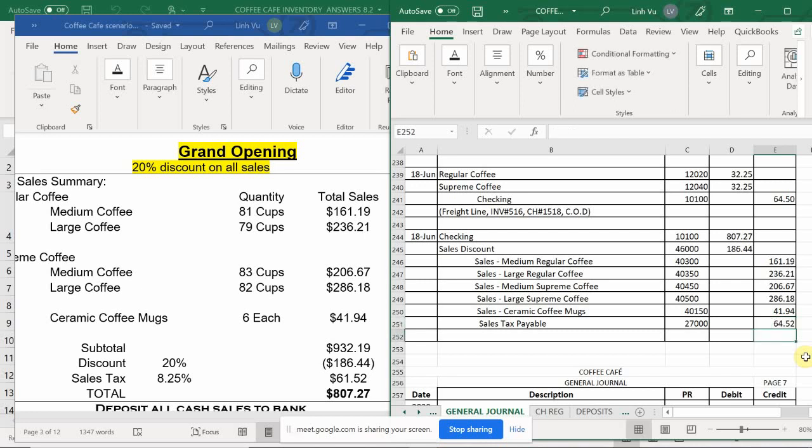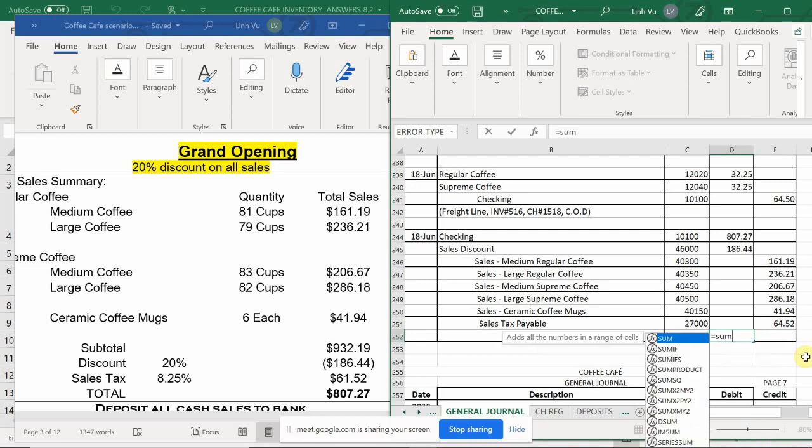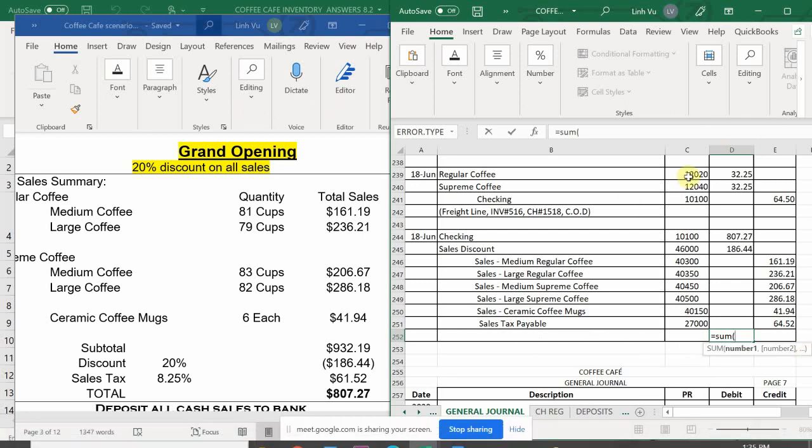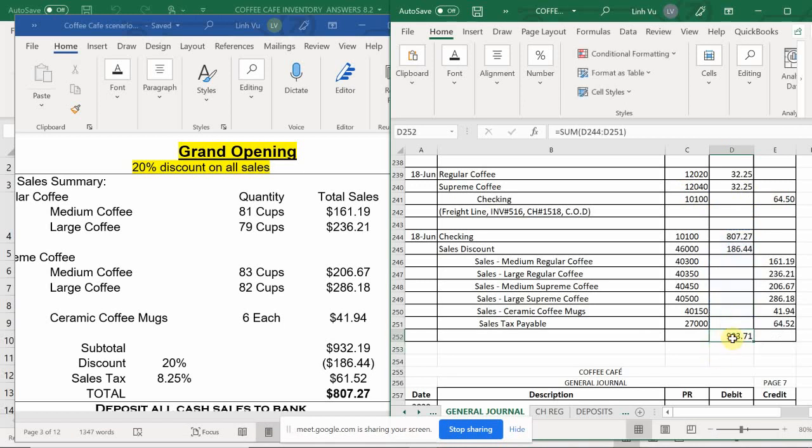61.52. So I'm going to go ahead and double confirm so that I don't have any typos in here. Equals sum. So I have a total of $993.71. I'm missing $3, so I entered in something wrong.